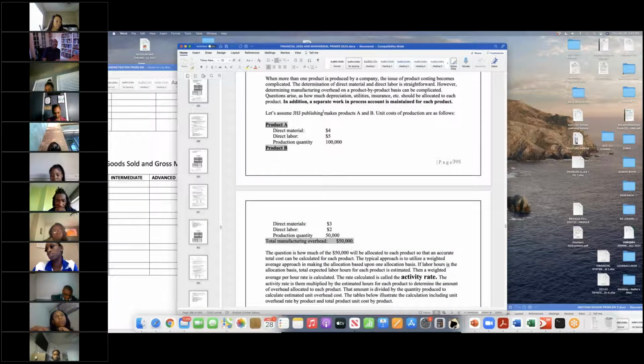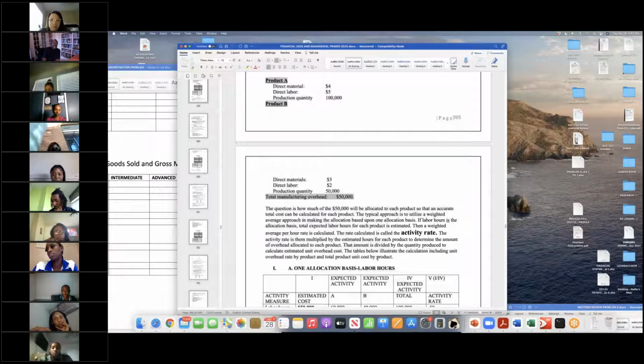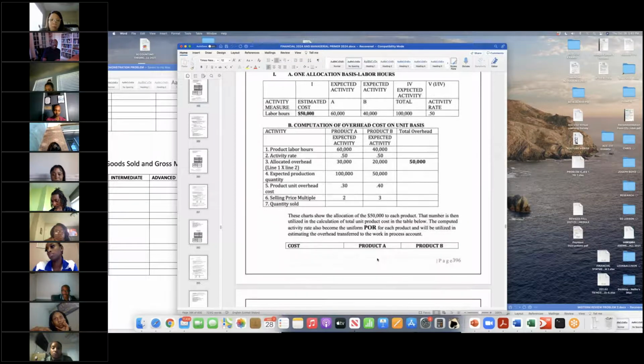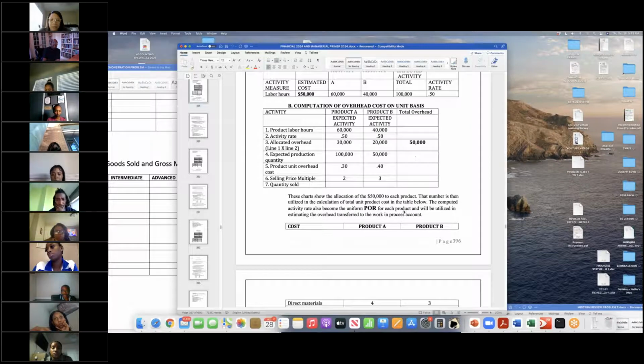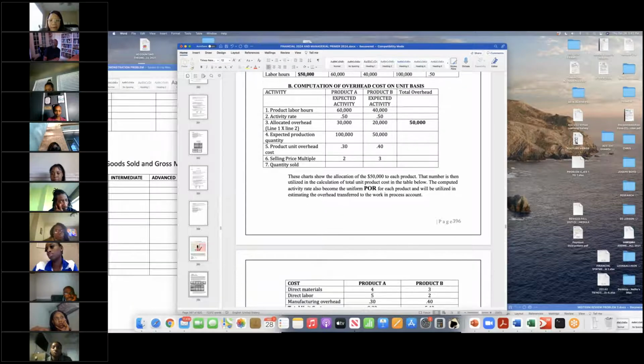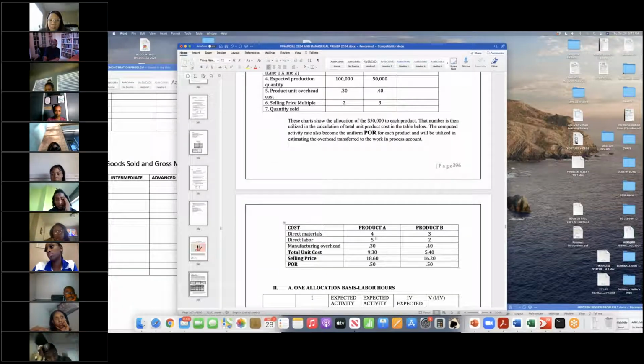Let's go back up here. Direct materials and labor, 4 and 5 for A, 3 and 2 for B. So now we've got to go back and come up with the unit cost for product A and product B. Direct materials, 4 for A, 3 for B. Direct labor, 5 and 2.